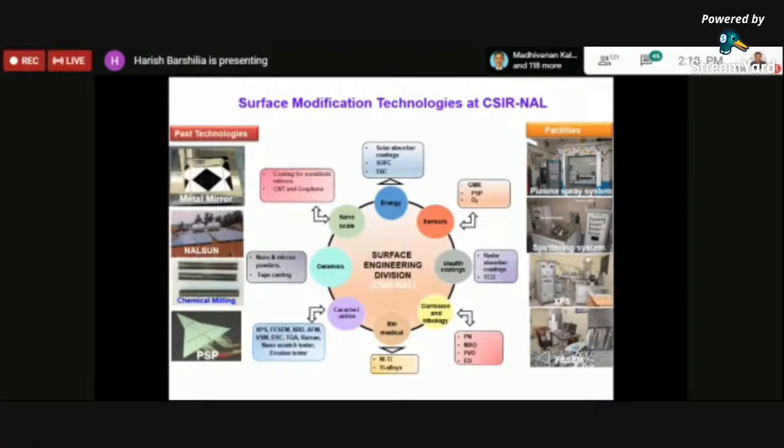We have 2-seater and 5-seater aircraft programs, which we call Hansa, mainly used for sports clubs. We also contribute to research for the light combat aircraft, the Tejas aircraft, which is produced by ADA as well as HAL.